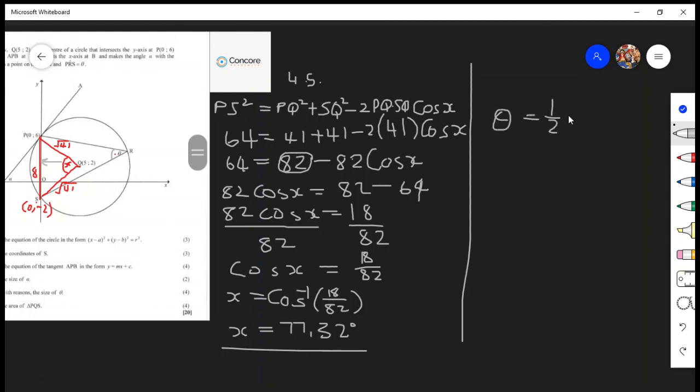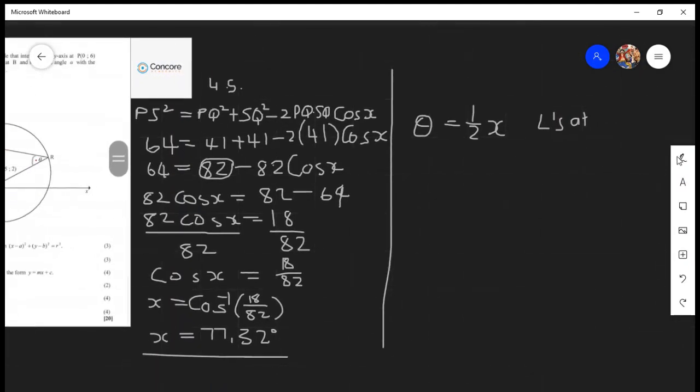And the theorem is angles at the center. Okay, so this is our reason, because the question asked us to state our reasons, right?